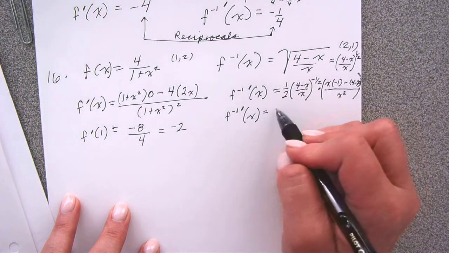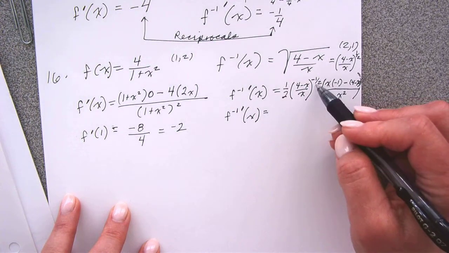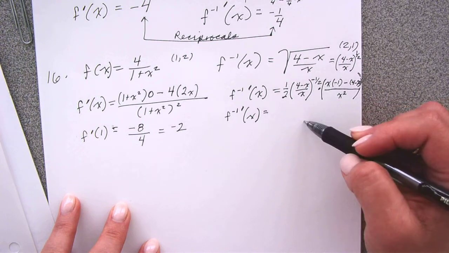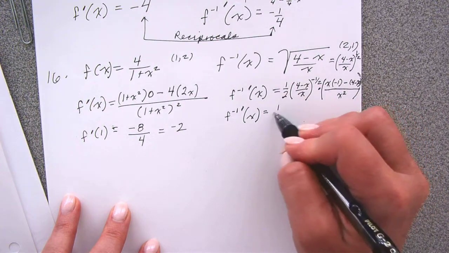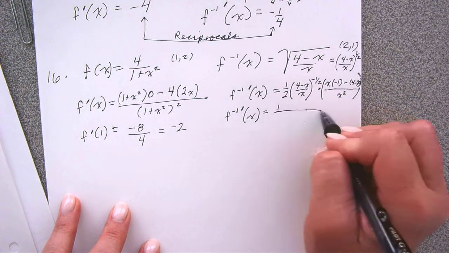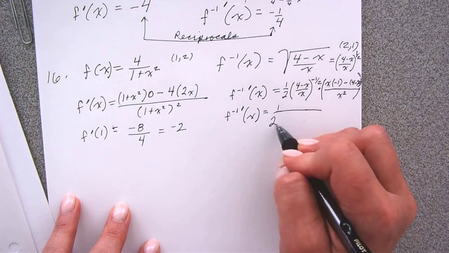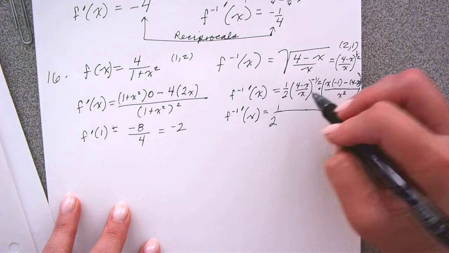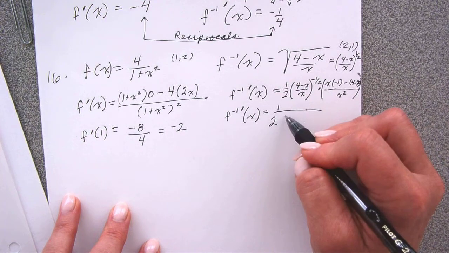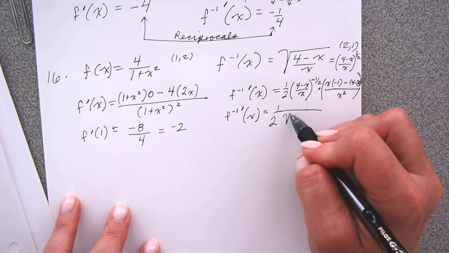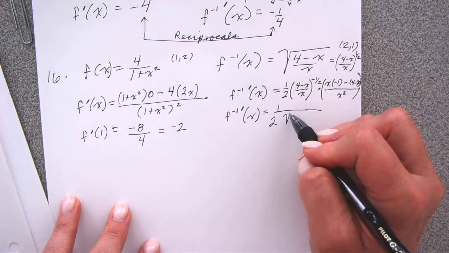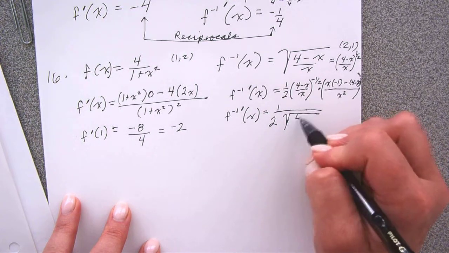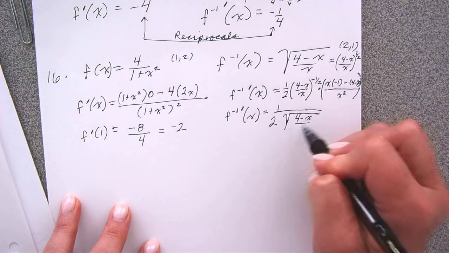So we have, this is to the negative 1/2, so it's going to be in the denominator, right? So 1/2, we're going to put the 2 in the denominator also. So put the 2 down here, and then this is going to be the square root, I'll go ahead and put it as the square root of (4 minus x over x).